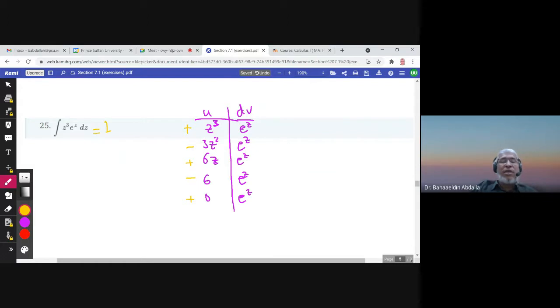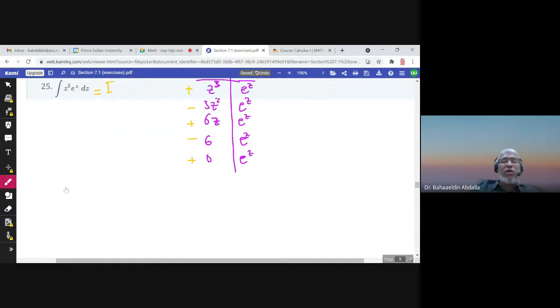And this is the integral I, and let us write the answer. So I is equal to z cubed times e^z minus 3z squared e^z.